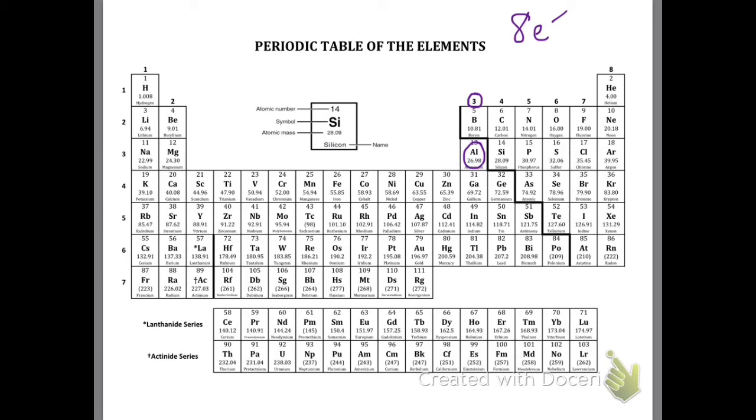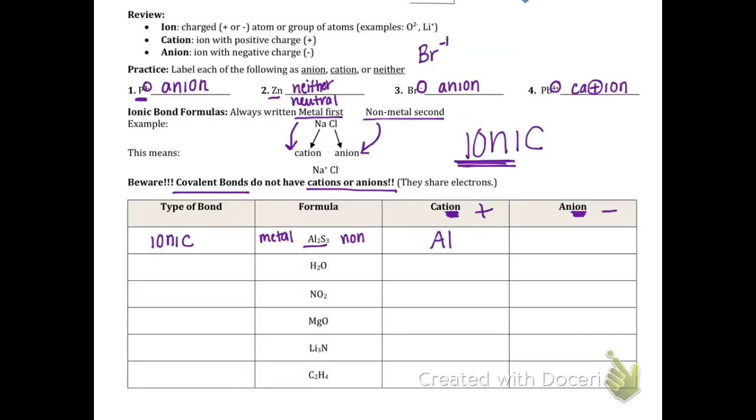Well, it is easier for everyone in this column to lose 3. Now remember, losing 3 negatives results in a positive 3 charge, because you have 3 more pluses than minuses. So going back here in the corner, we're going to write positive 3 because it's going to lose 3 electrons.